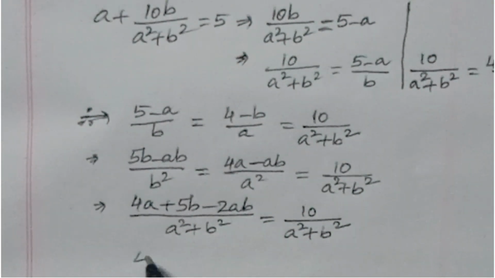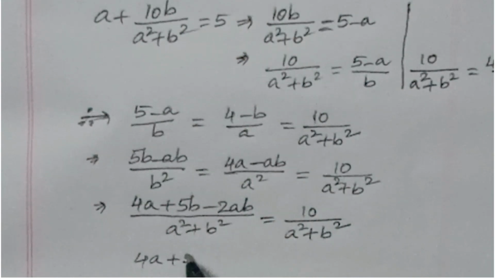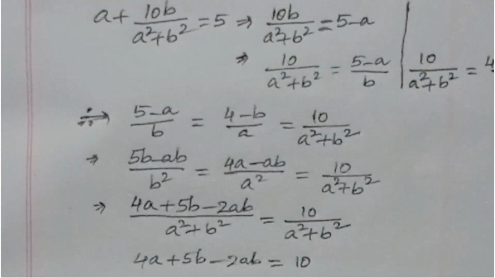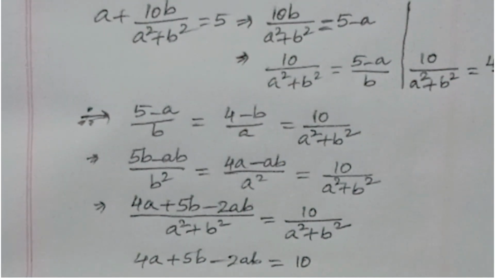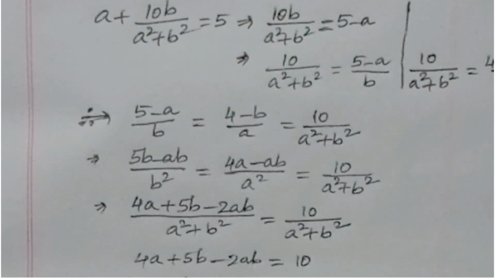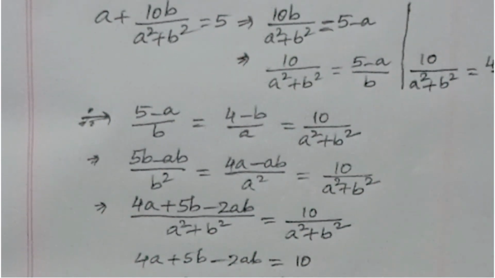From this we'll get 4a + 5b minus 2ab is equal to 10. So here, 2ab minus 4a minus 5b plus 10 equal to 0.